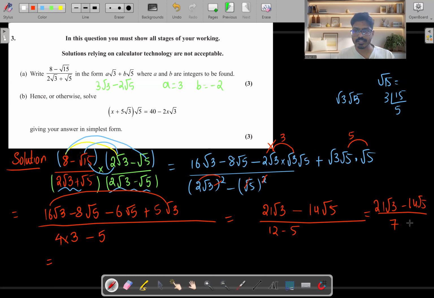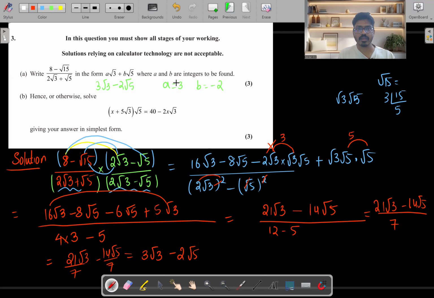So if I rewrite this, I'll get 21 root 3 by 7 minus 14 root 5 by 7, that we can further rewrite it as 21 is 3 root 3 minus 2 root 5.